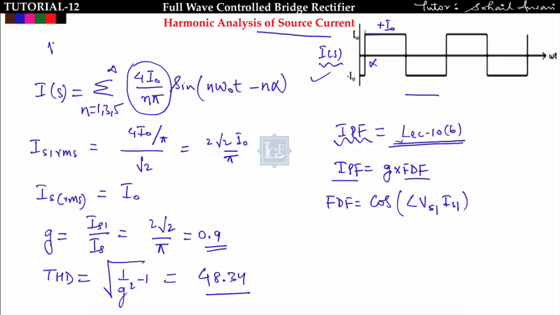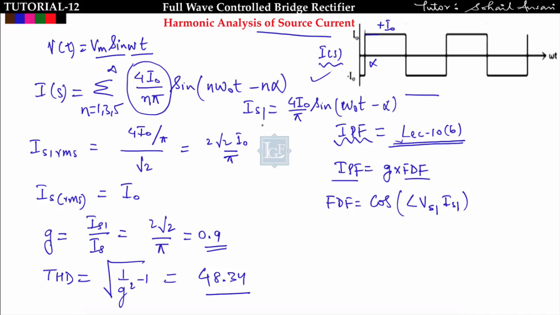Here the fundamental source voltage is nothing but Vm sin omega t only, because there is no harmonic present in the source voltage. Source voltage is always sinusoidal. While the fundamental source current Is1 will come out to be 4 I naught upon pi sin(omega naught t minus alpha), putting n equal to 1.